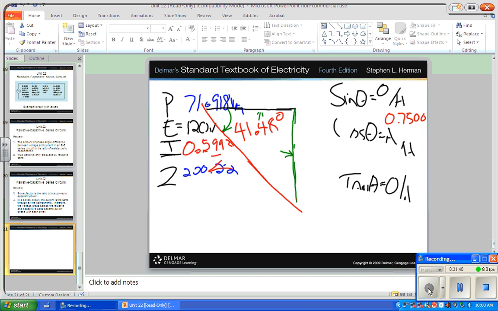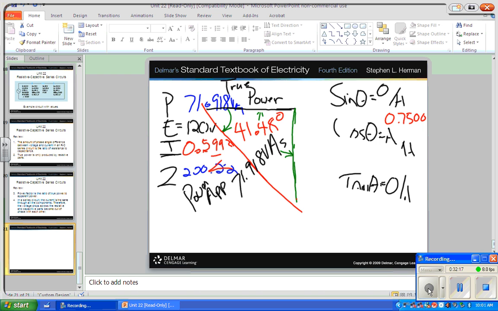Well, the resistance is still where the resistance is. It's that bottom line, the side adjacent. So it's not resistance, it's true power. Okay, our apparent power is going to be the hypotenuse, right? And that is 71.918 VAs. Everybody agree with that?